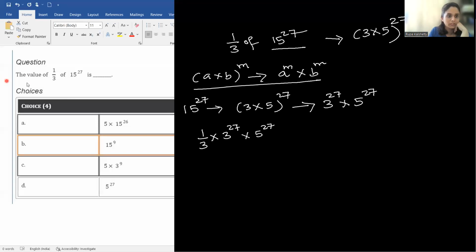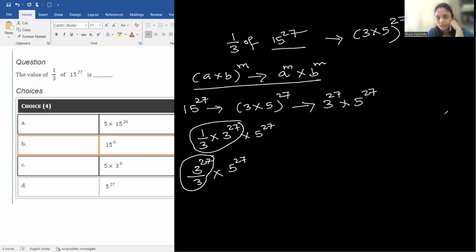Now, if you focus only on this part, we can rewrite this as 3 to the power of 27 over 3, and the remaining stays as it is, 5 to the power of 27. You know that a to the power of n over a to the power of n, or rather a to the power of n over a, can be rewritten as a to the power of n minus 1.